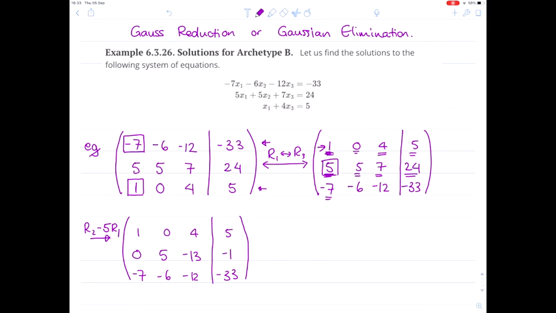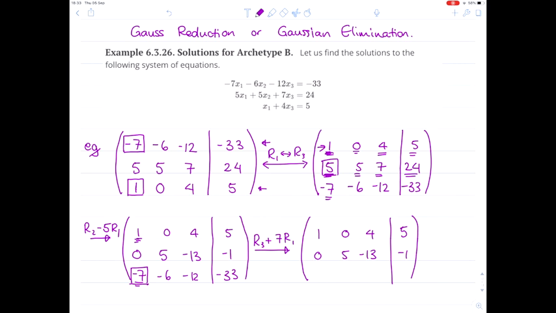And now we're going to play the same trick to get this minus 7 to be a 0. We're going to add 7 times row 1. So we're going to say row 3 plus 7 times row 1. Not changing the first row, not changing the second row. And here we go.